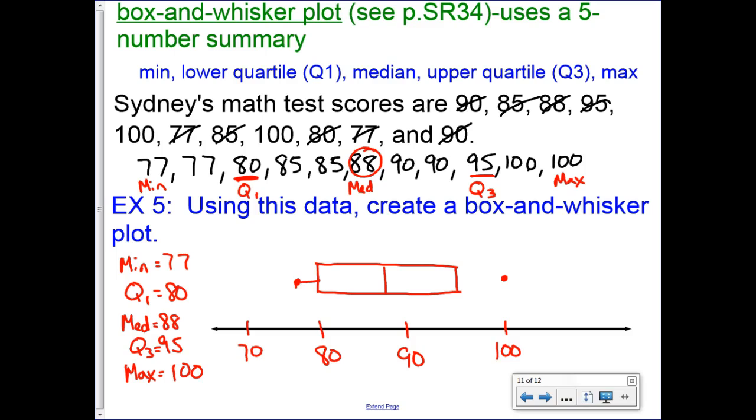And then those out to those dots are the whisker part. That's what a box and whisker looks like. So this is your minimum, this is Q1, this is your median, this is Q3, and this is your max. Hopefully that's coming back to you from a previous math class.